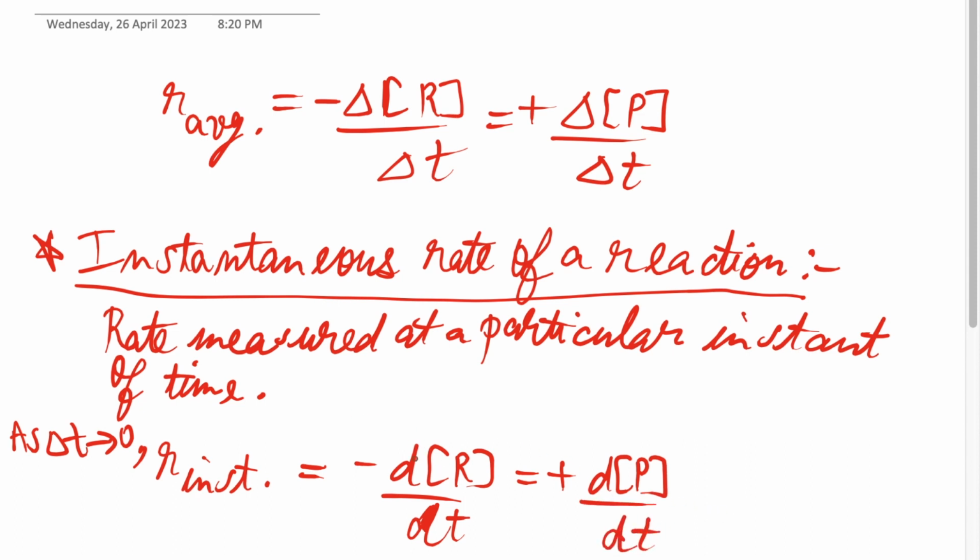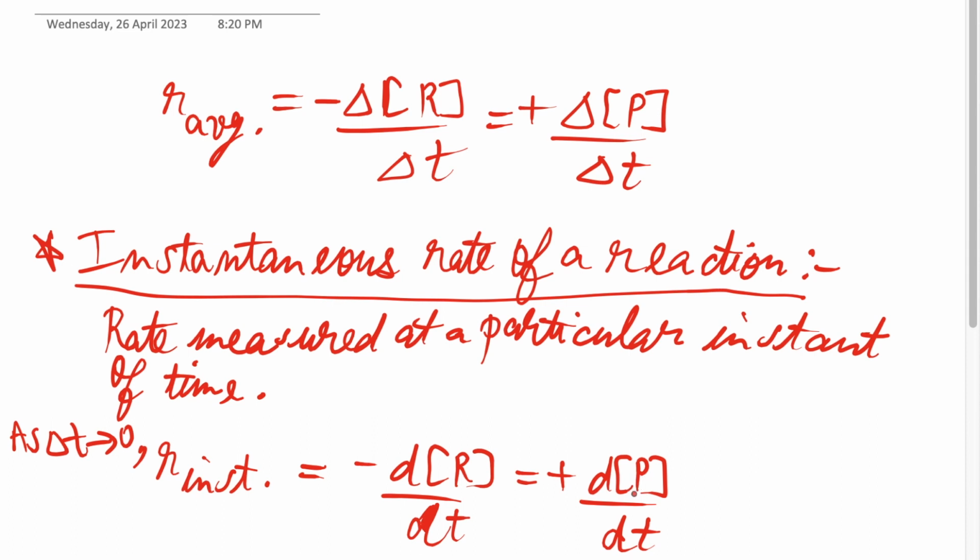This is the change in concentration of reactants upon change in time. The negative sign denotes that the concentration of reactant is decreasing over time, and this is the instantaneous rate.